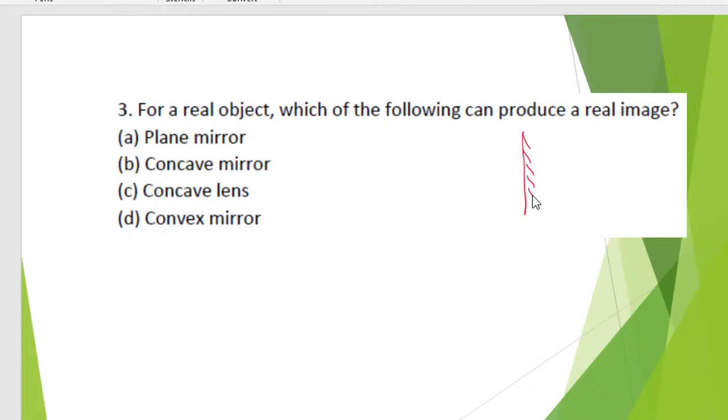Plane mirror, concave mirror, concave lens, and convex mirror.